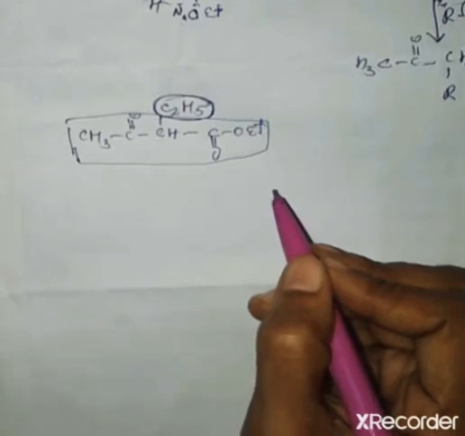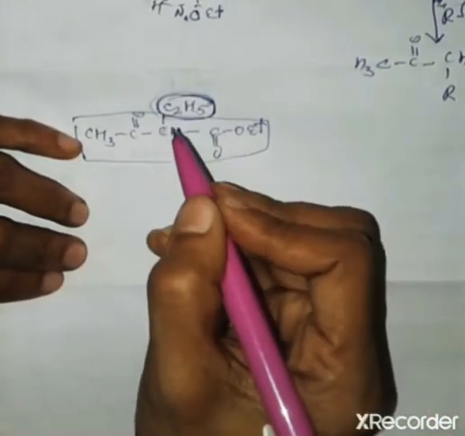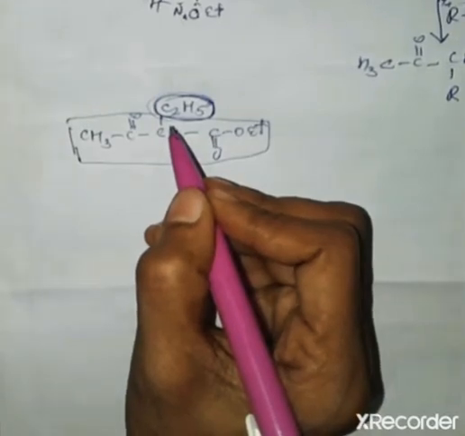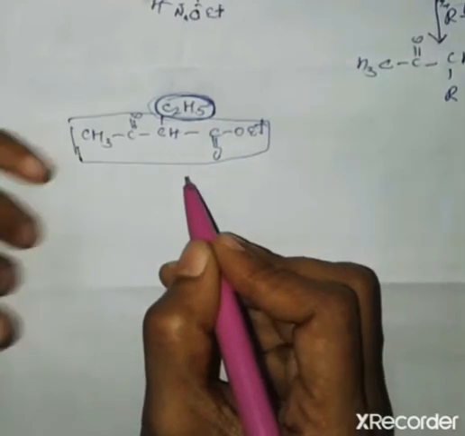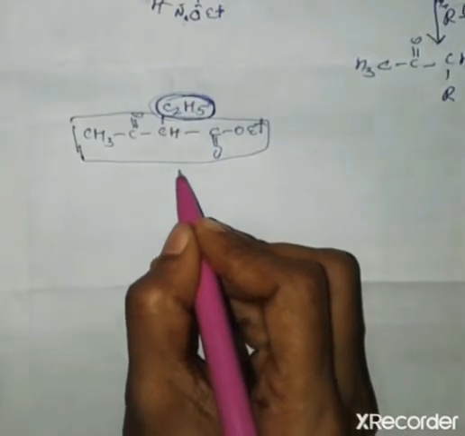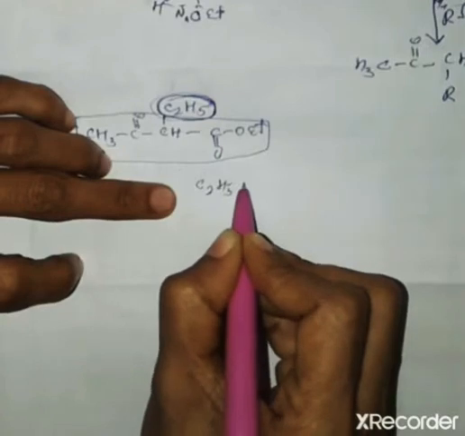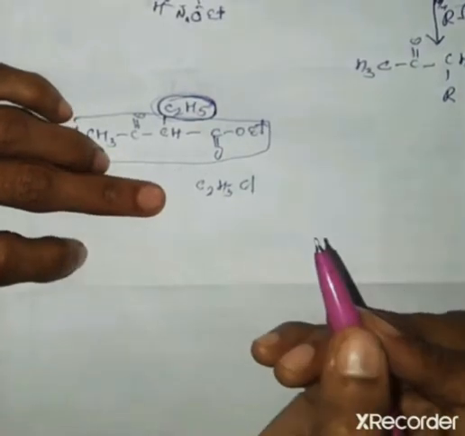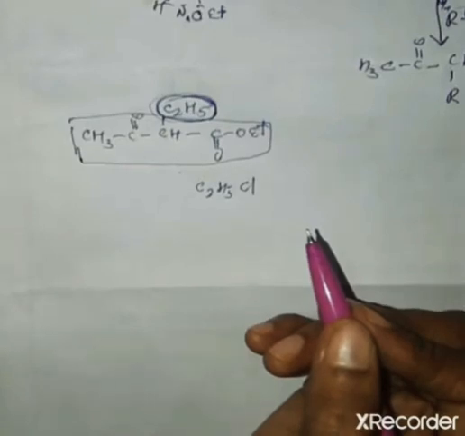Which alkyl halide is used in the second step is decided by the alkyl group bonded to the methylene carbon. In this case, the alkyl halide we can use to get this product is C2H5Cl, ethyl chloride, or ethyl bromide.